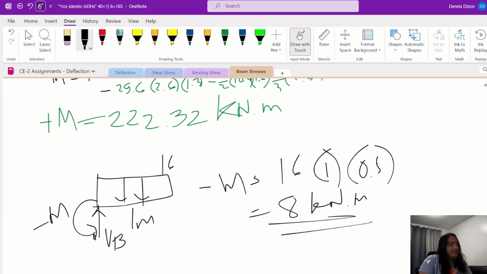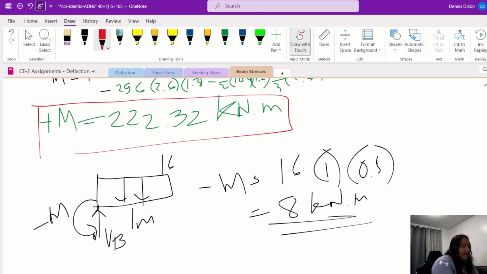Now, if you look at the difference between these two, it's just like 8 versus 222. So most likely, what will govern when finding the maximum compressive stress is the positive bending. I mean, we could solve, right?